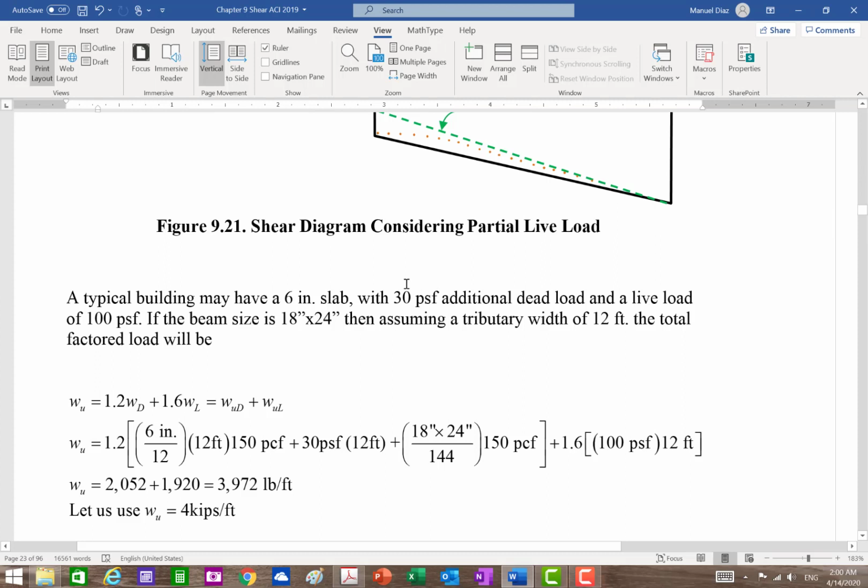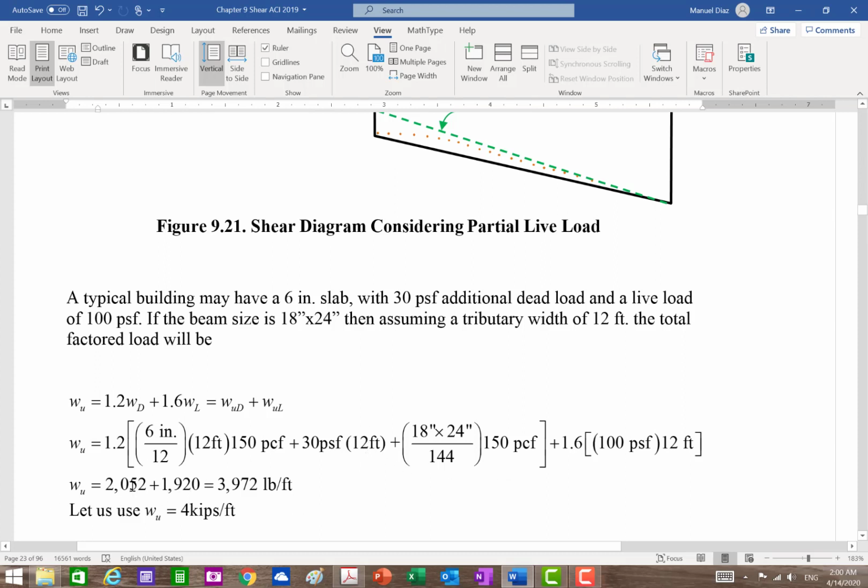Just to give you an example of what that value is, here is a typical slab of 6 inches with 30 PSF additional dead load, a live load of 100, the beam 18 by 24, tributary width is 12. So we find our loads: weight of the slab, weight of the beam, the extra 30 PSF, the 100 here, all multiplied by the tributary width, and we got our two loads.